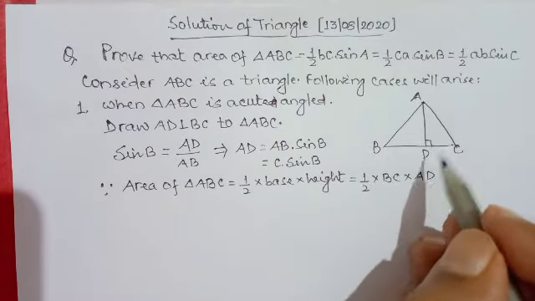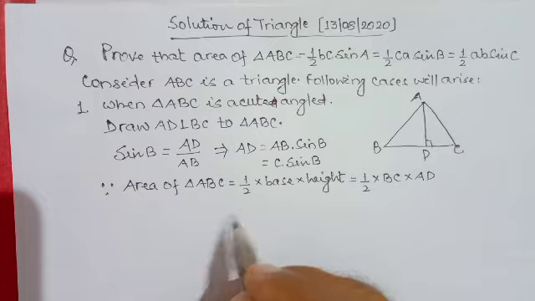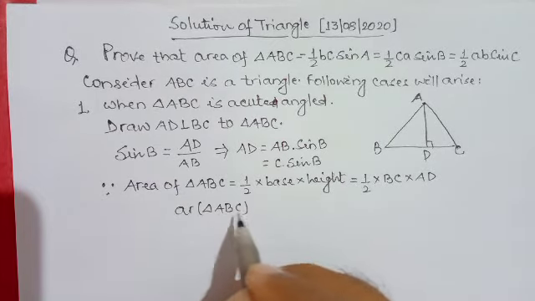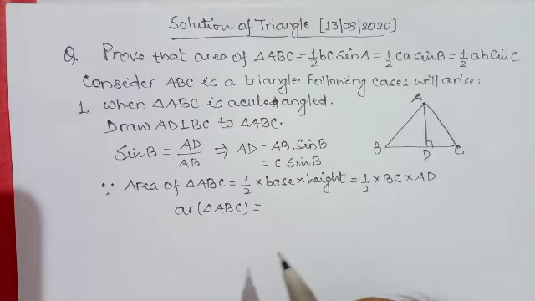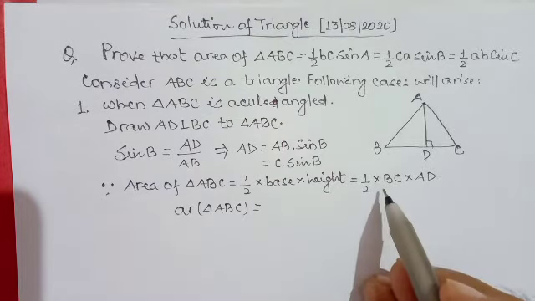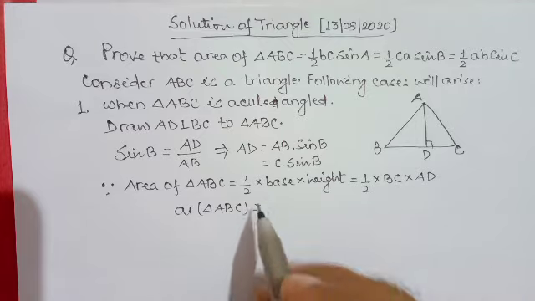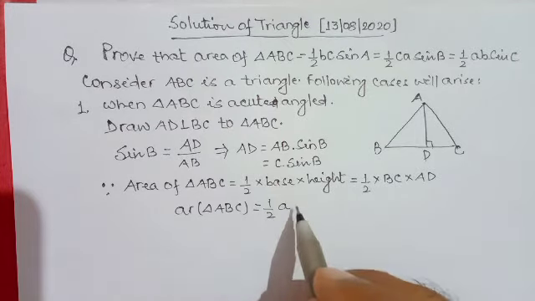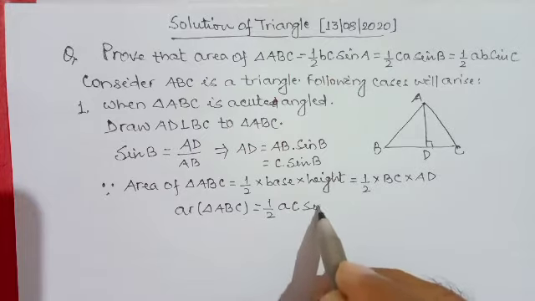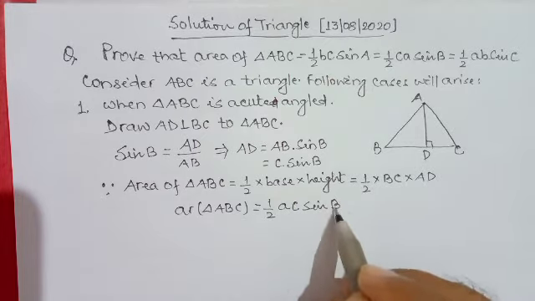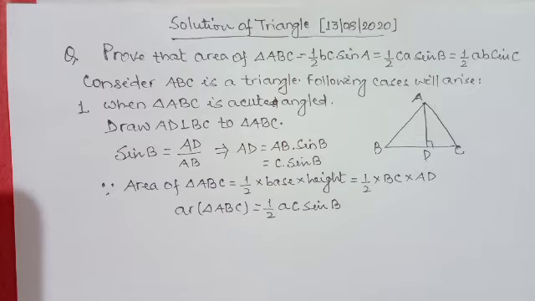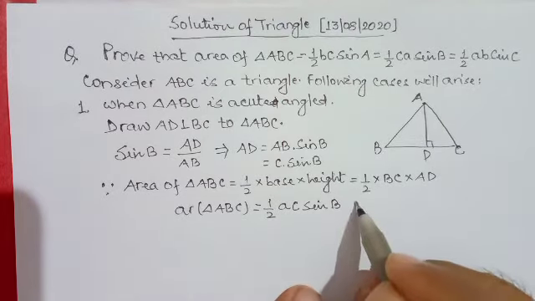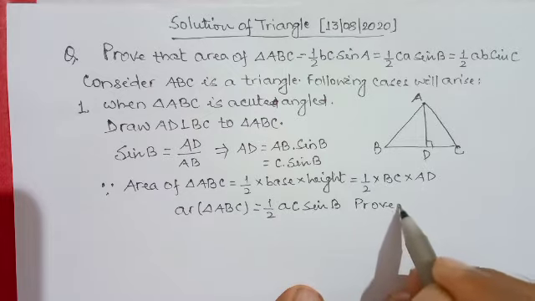So area of triangle ABC is equal to half, BC is a, half a into c into sin B. This is your result number two.